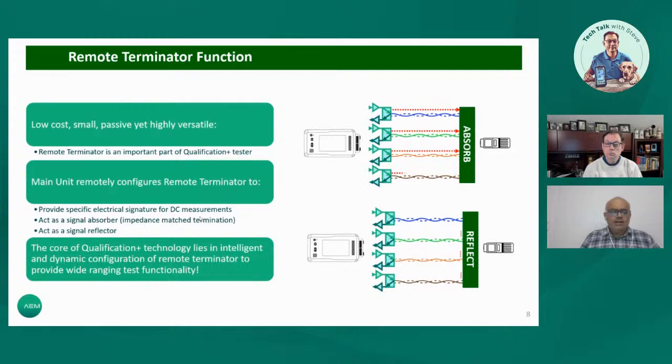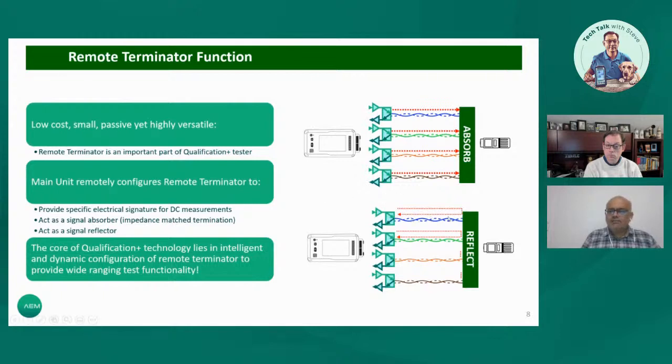So it can also be set in the reflection mode. As you can see, if you set the terminator in the reflection mode, the signal goes out from the main, goes to the remote far end, which is the terminator, and then reflects back, almost entirely, to the near end.